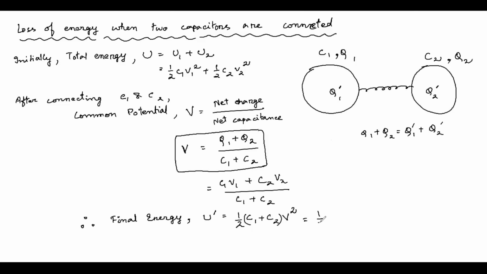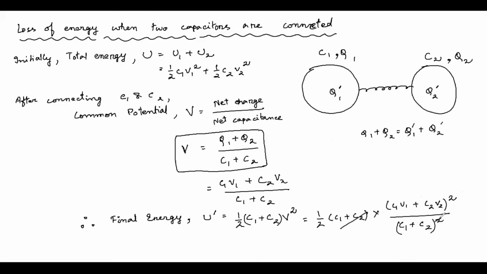Now if you replace the common potential expression, it is C1V1 plus C2V2 whole square divided by C1 plus C2 whole square.